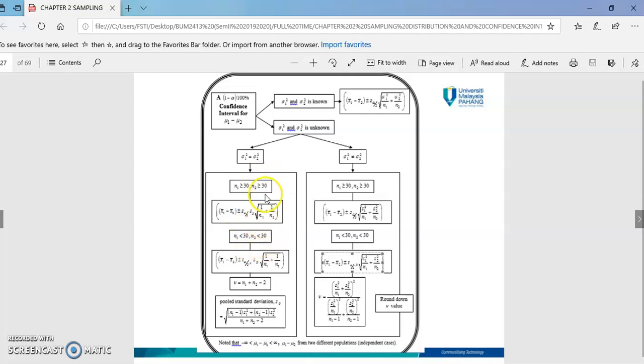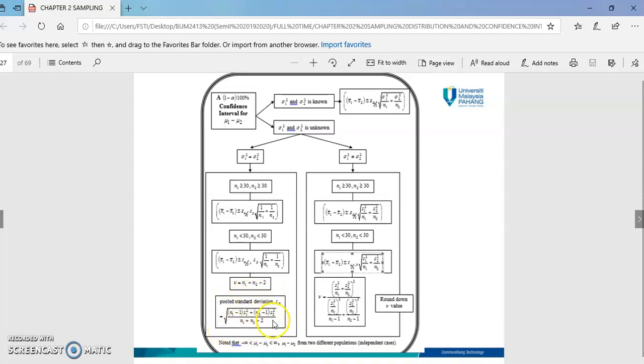Dia mesti both, tak ada either one. So you can decide lah. If you have equal population variance, you can see in your formula we have the SP, the pooled standard deviation. So use this formula lah.